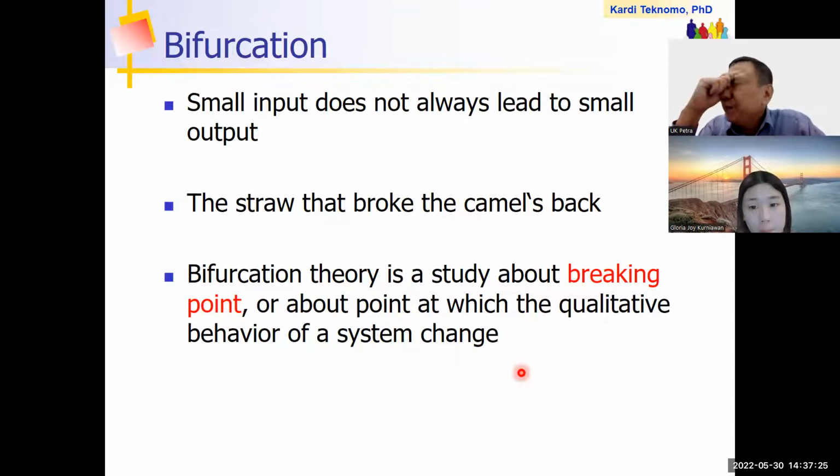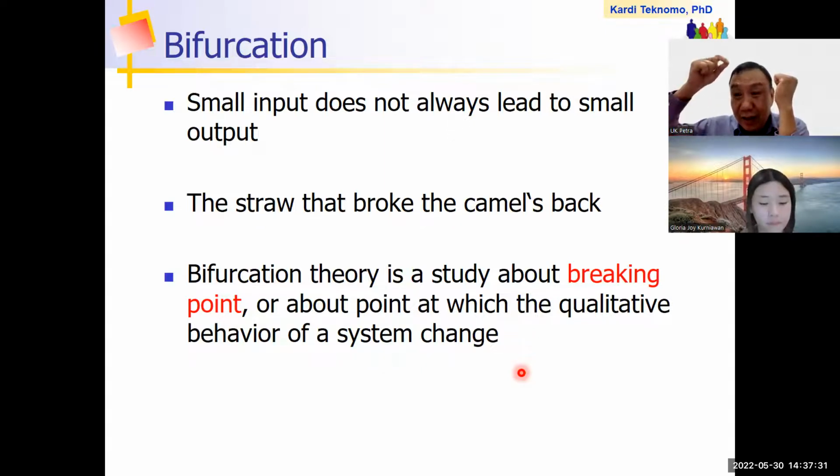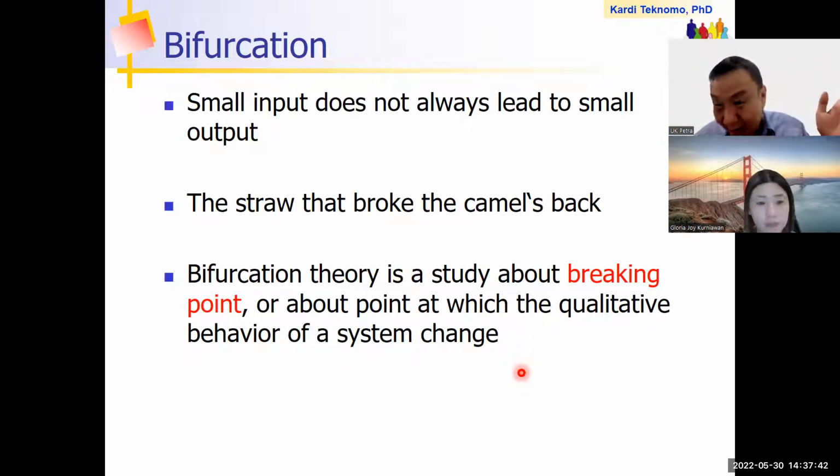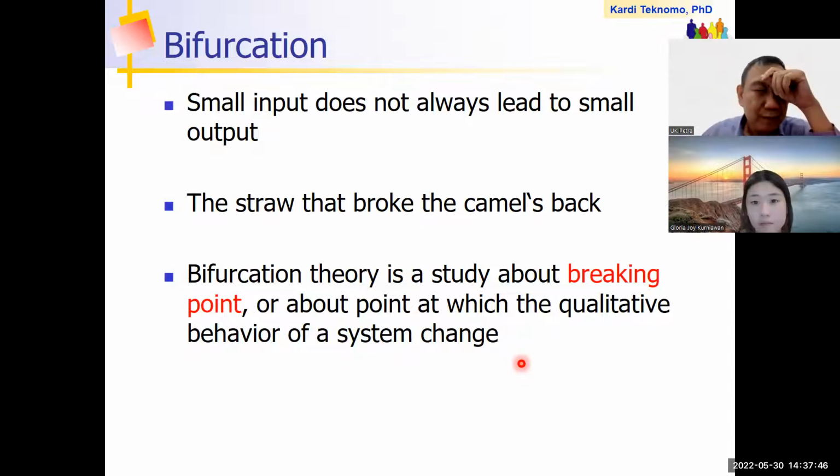So, for example, the building, there is a column, right? When you add the load onto that column, no problem, it just bends. And then up to a certain point, it will break. The building collapses. Another example, sugar. Do you know diabetes?